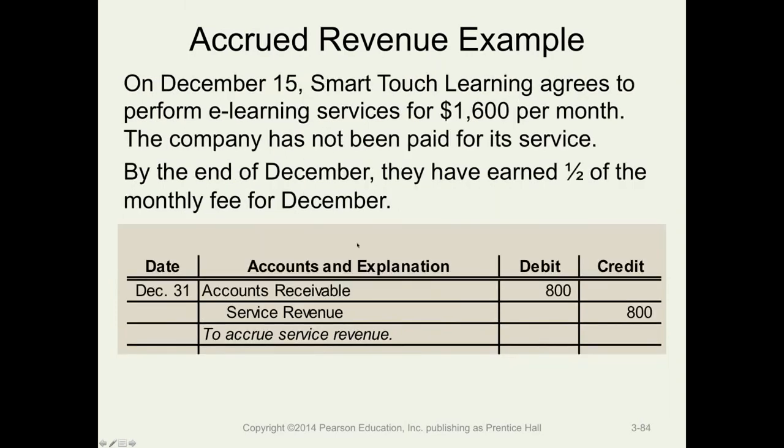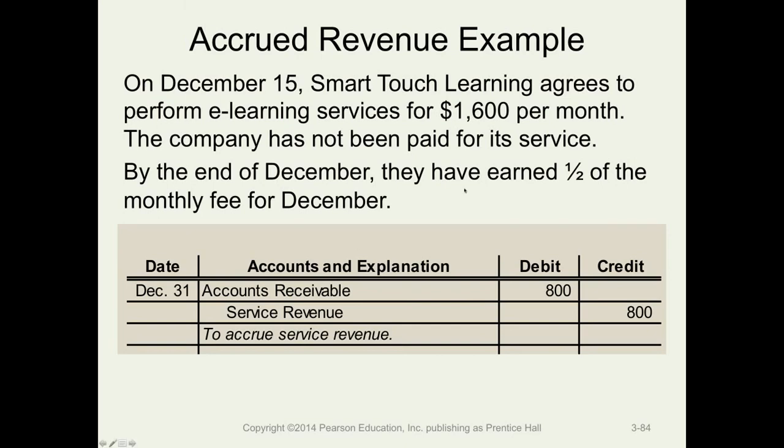So as an illustration, on December 15th, Smart Touch Learning agrees to perform e-learning services for $1,600. And they do provide the service, and the agreement, again, at this point, is not an accounting transaction, right? You haven't done anything yet, but by the end of the period, they do earn half, and they haven't really billed yet, but at December 31st, they have to recognize the income.